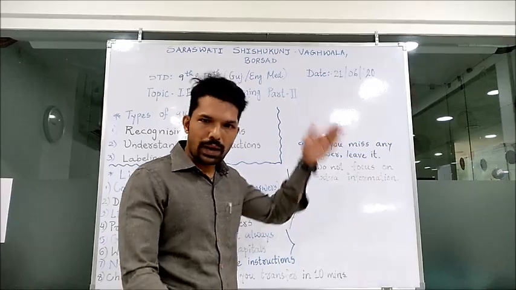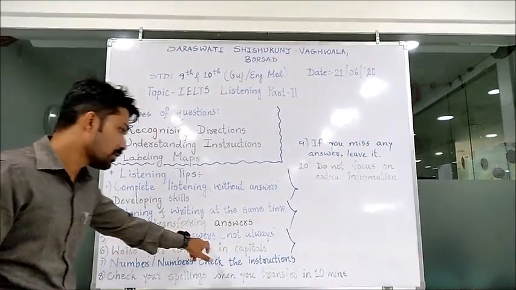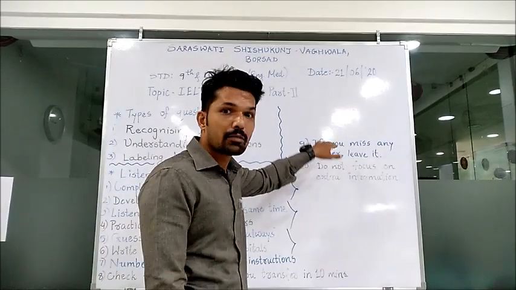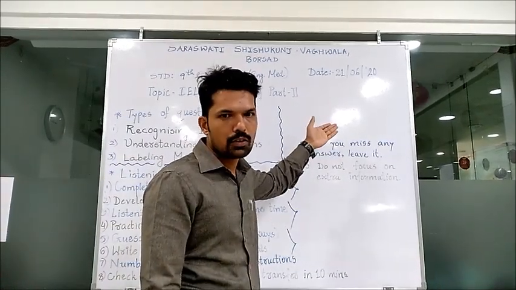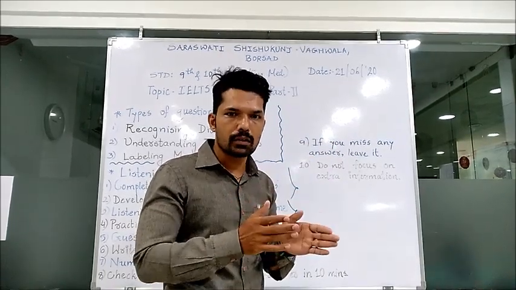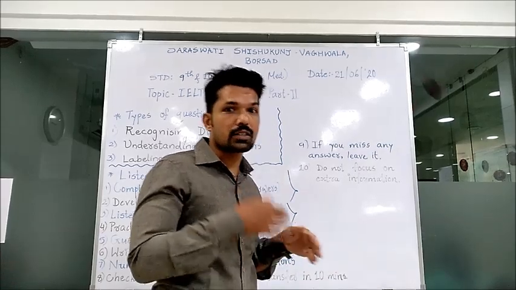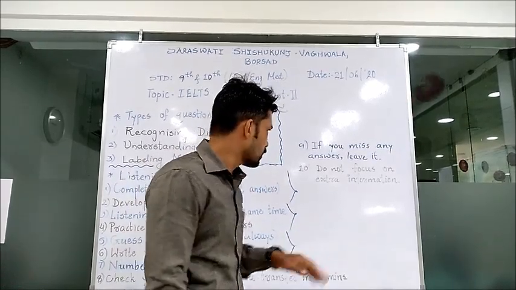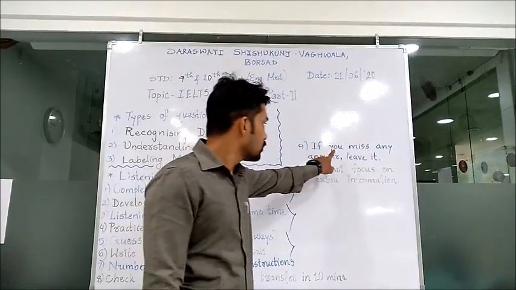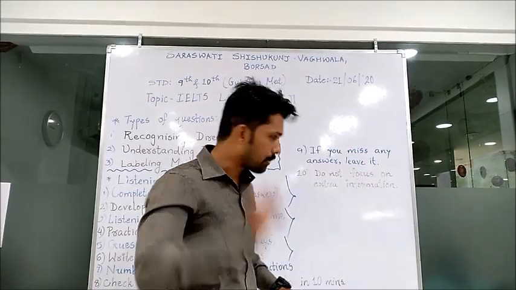And then when everything is completed, as I say, guess your answer and write it in that missed question, so that you have all 40 questions attempted. And in case your guessed answer is correct, you get your marks. So again, if you miss any answer, leave it for that particular time.